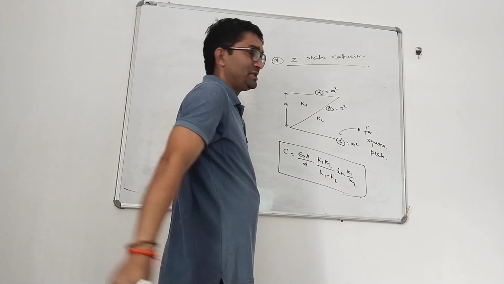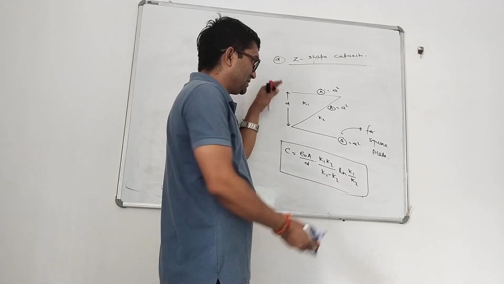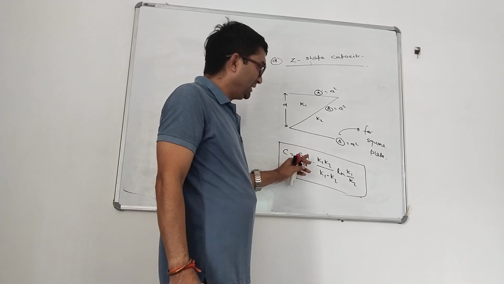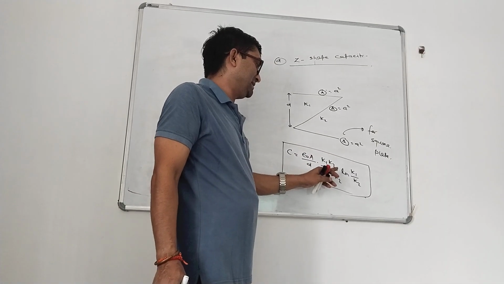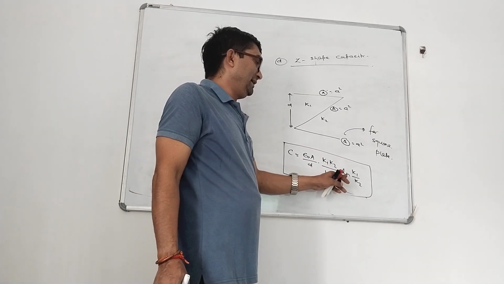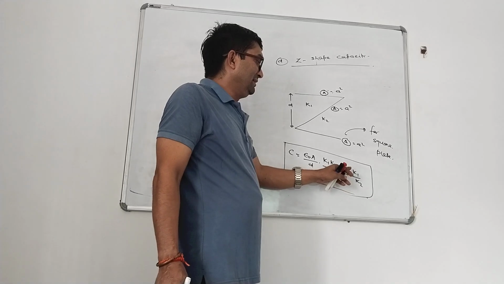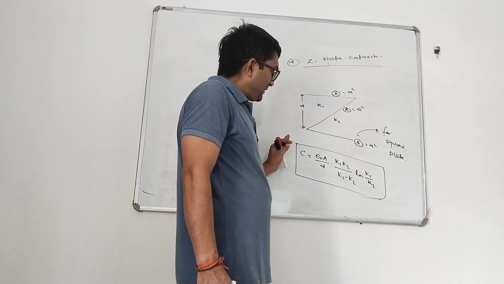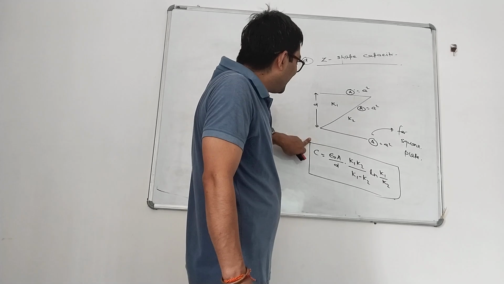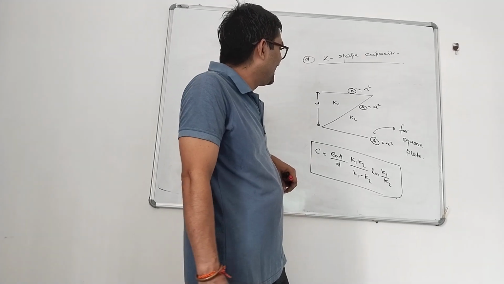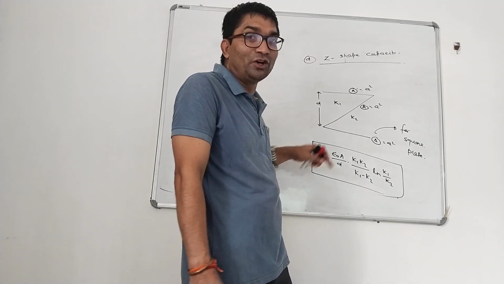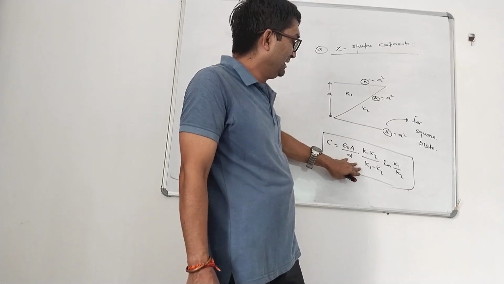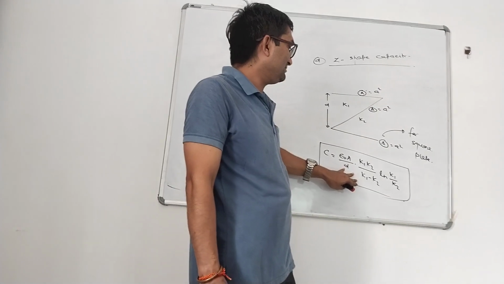Their derivation is long, but the result is epsilon naught A upon D into K1 K2 upon K1 minus K2 ln K1 upon K2, where ln means natural log. This is the simple formula, and the derivation is not simple because it takes time and a lot of concepts related to this formula.